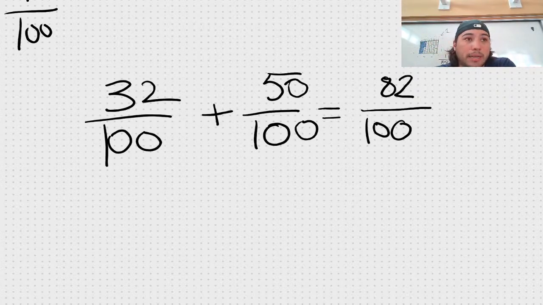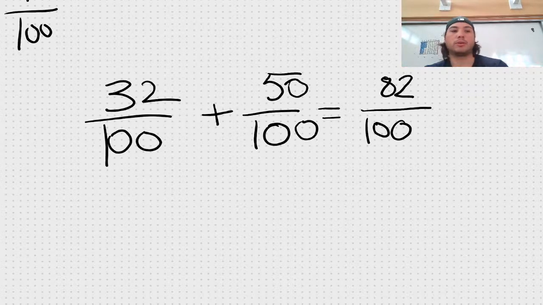Because once we get to really incorporating this thinking into decimals and into our whole number place value, we're still going to call it 5 tenths, even though it's equivalent to a half. When we're working in base 10, we're not going to reduce something to 1/2 or 1/4 in decimal form. So we're going to leave it as 82 hundredths.